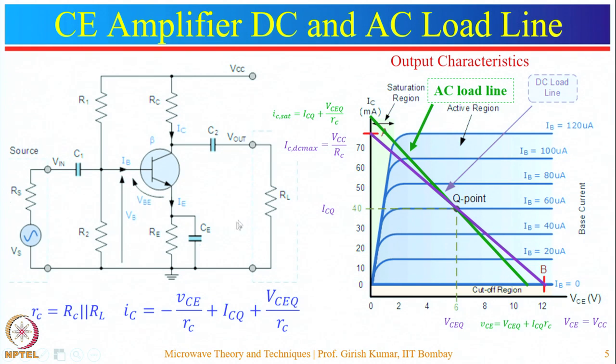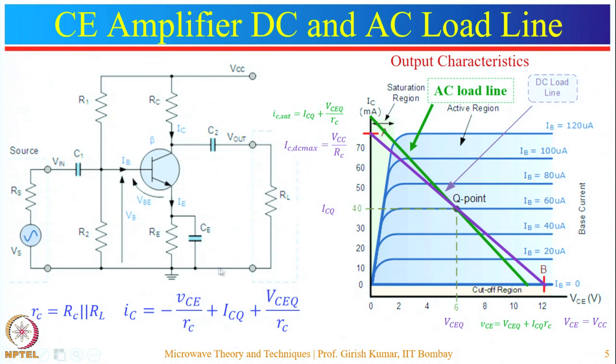Now just to do the analysis of this circuit, short circuit all the supply sources and short circuit all the decoupling capacitors, and then apply Kirchhoff's law in this loop, and then superimpose the current achieved in this with the DC current.